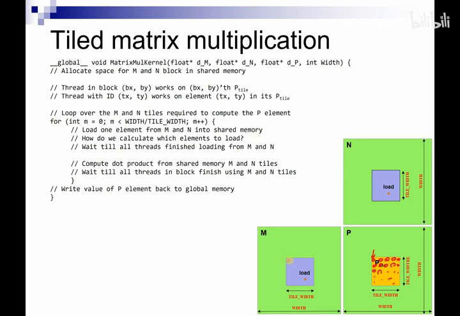For example, this thread is going to load this part, and the second thread is going to load that data from this purple part of M. So we just assign each thread to load one element of M from global memory into shared memory. Likewise, these threads load the corresponding elements from N. Each thread over here is processing one p-value, and that thread is going to load the corresponding value from N from global memory into shared memory.